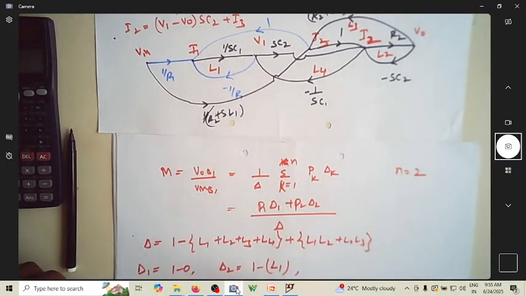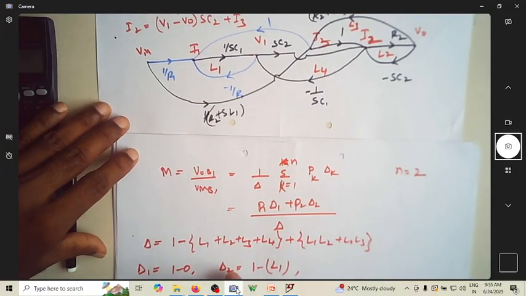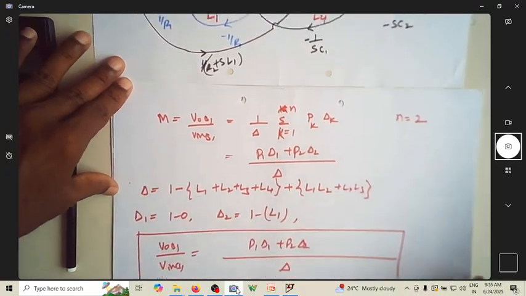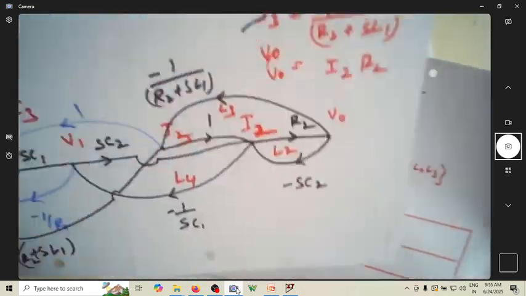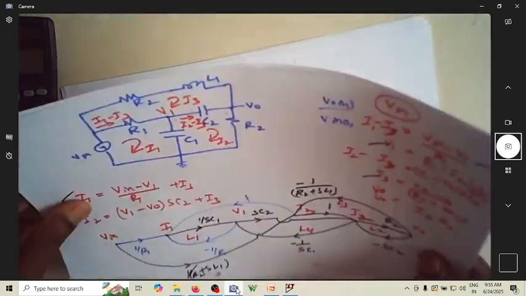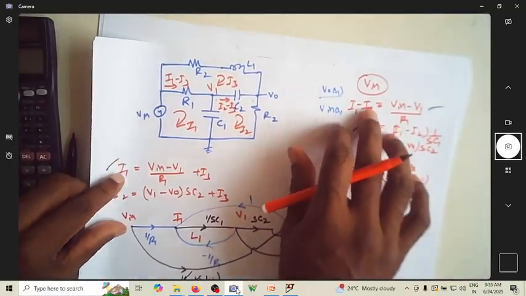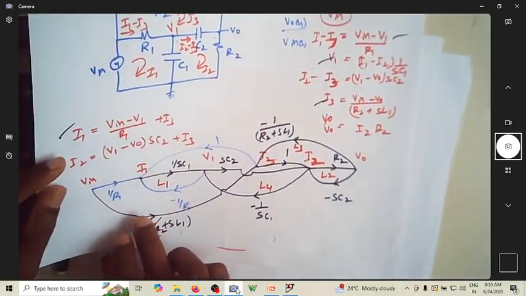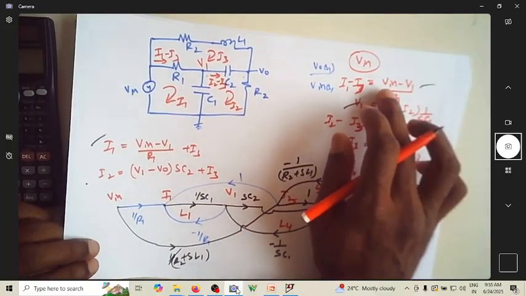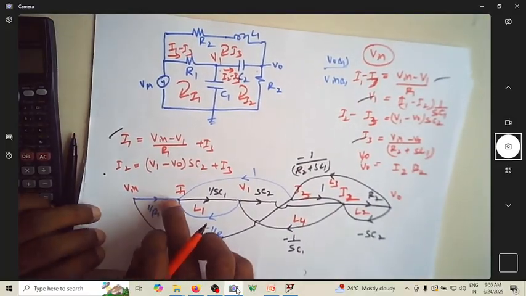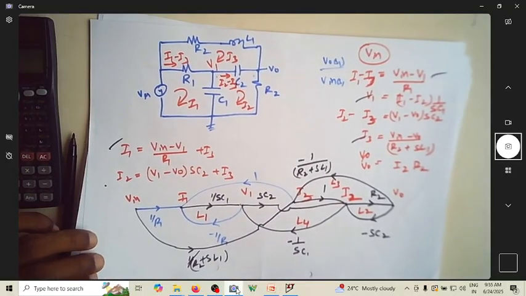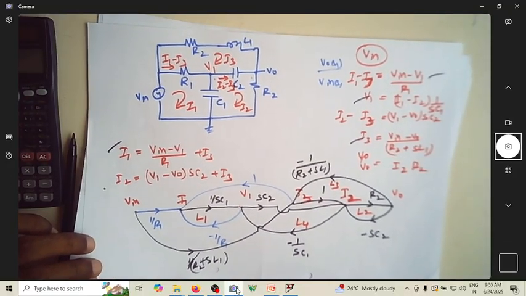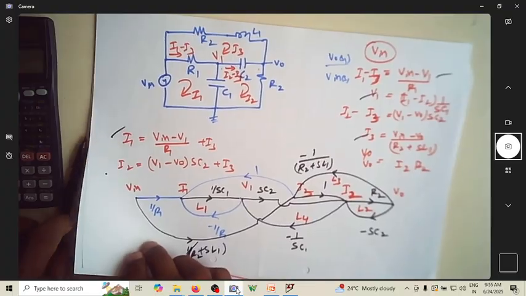Write the corresponding delta 1 and delta 2. This is how we can use a signal flow graph. For writing such equations you should know Ohm's law, and you should know how to write nodal voltage and loop current equations.